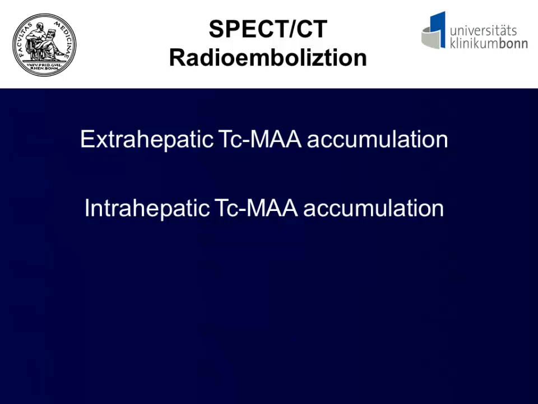For radioembolization of liver metastases and tumors, SPECT CT is very important for treatment planning, for finding extrahepatic accumulations prior to a radioembolization, and also for evaluating the intrahepatic accumulation.